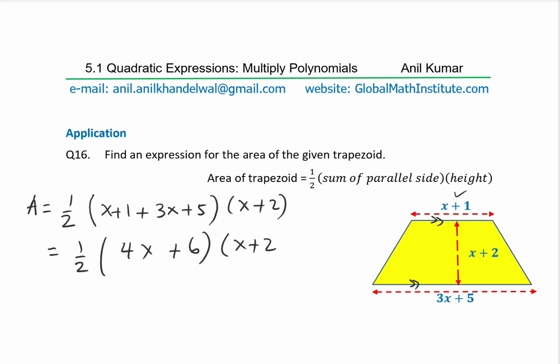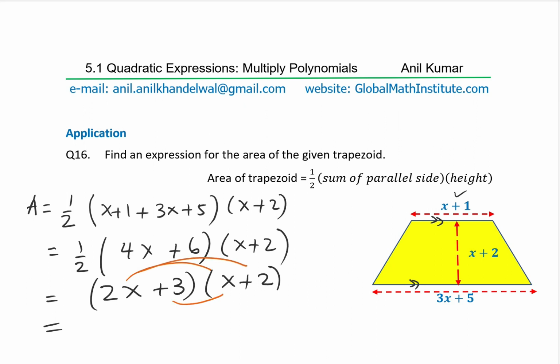Now it's a good idea to divide by 2 first. So half of 4x is 2x and half of 6 is 3. So we get a simpler expression to multiply with, and that is why I do this. Now we'll apply the distributive property, multiplying both terms by 2x, and then by 3.